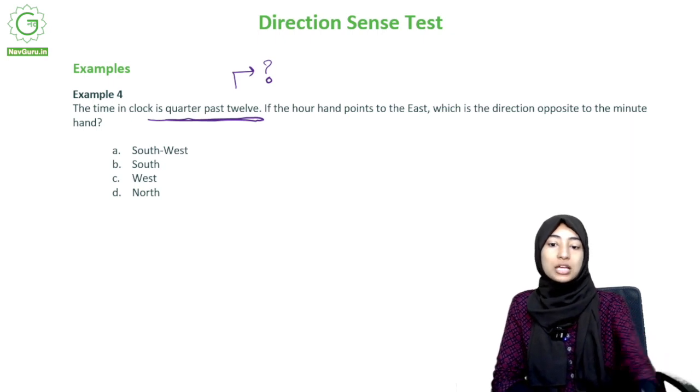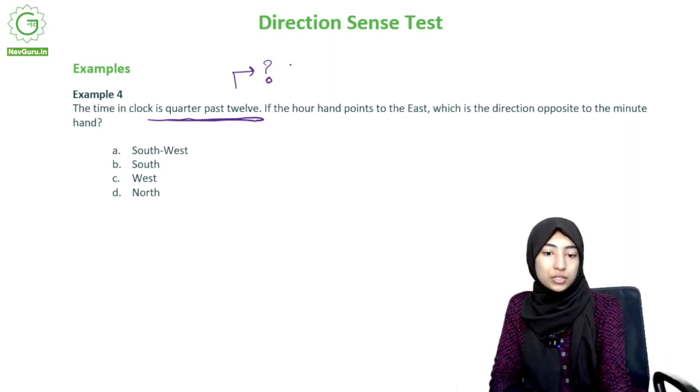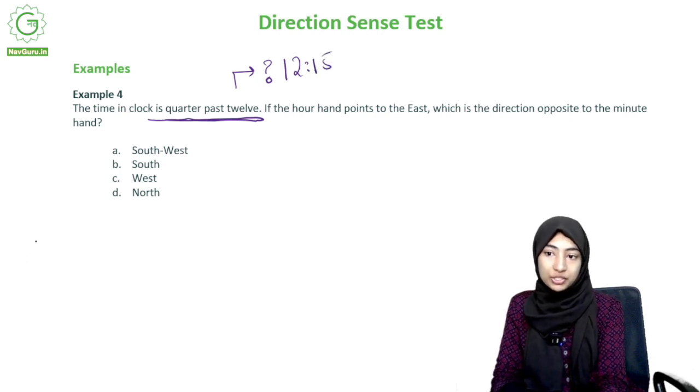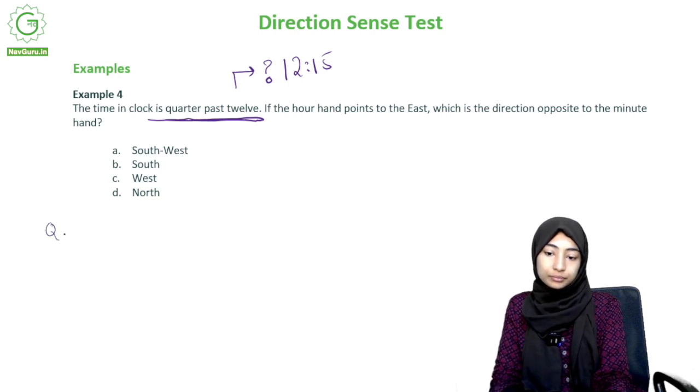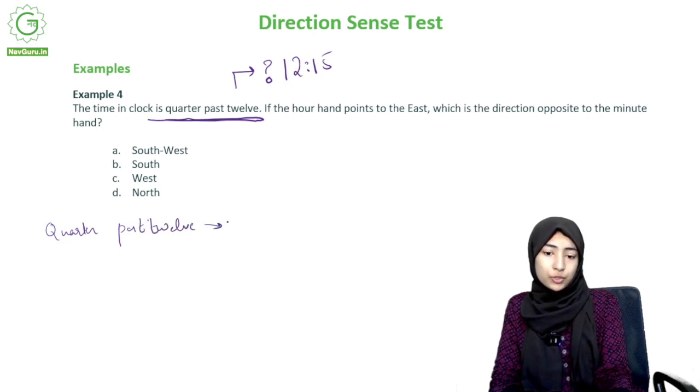Okay, time's up. So basically, these are some common usages. So I'll tell you, you have quarter past 12, which is 12:15. Half past 12 is 12:30.